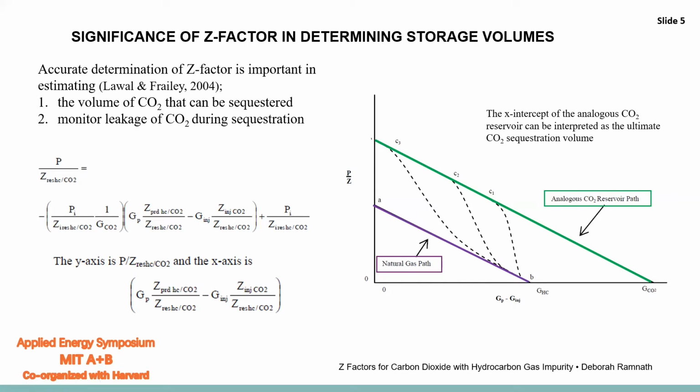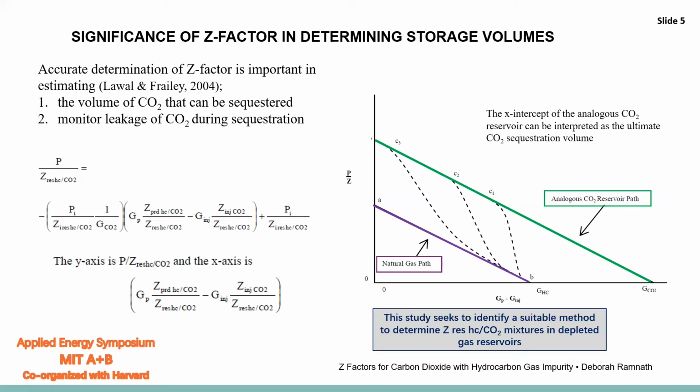Z factor of injected CO2 is that of pure CO2 and is well established and can be found in published literature. This study would seek to identify a suitable method to determine Z factors of residual hydrocarbon CO2 mixtures in depleted gas reservoir.